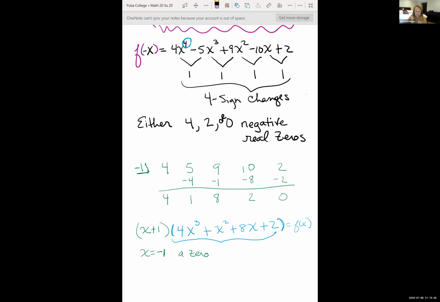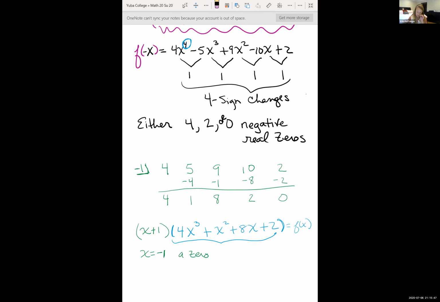And so instead of using our original f of x, let's use this quotient to find the rest of the zeros. I could apply that p over q thing again. It didn't change anything. It just happens that I have the same constant and the same leading coefficient, which is not always the case.